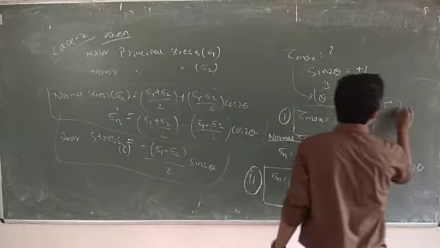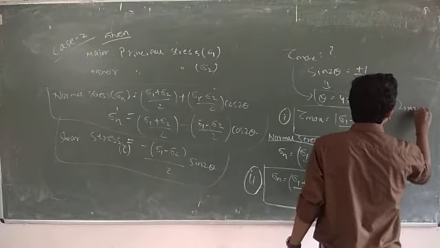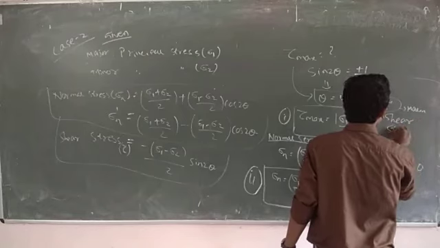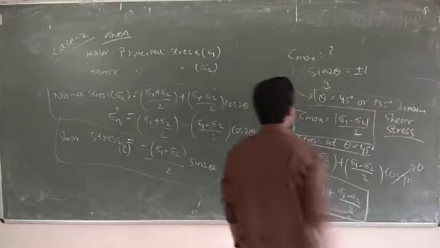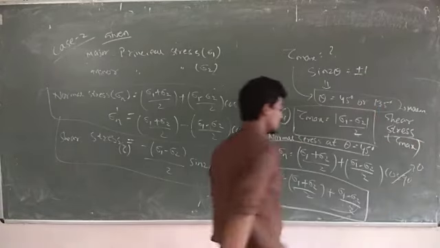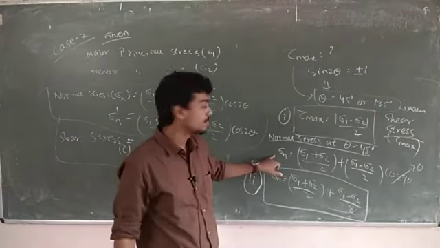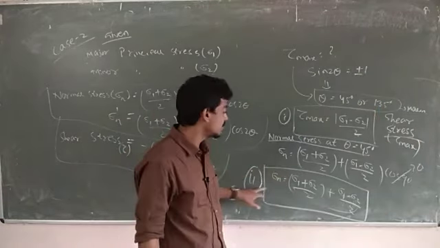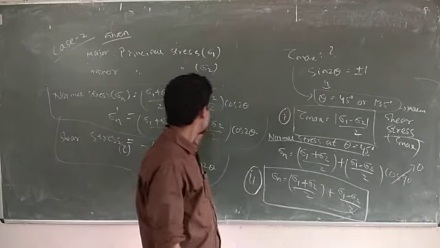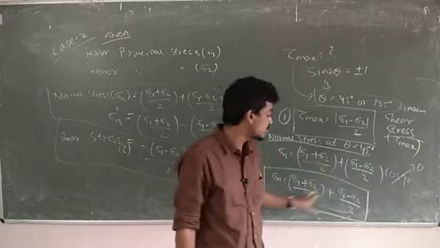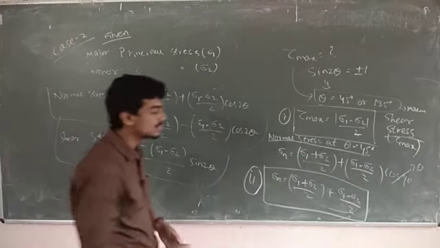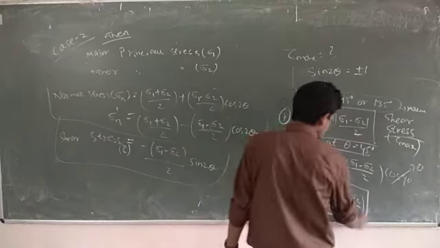At theta 45 degrees, maximum shear stress, tau max, will occur. So here theta is 45 degrees. Now sigma n: if you put that value here, cos 90 is 0. So this value becomes sigma 1 plus sigma 2 by 2 plus sigma 1 minus sigma 2 by 2.